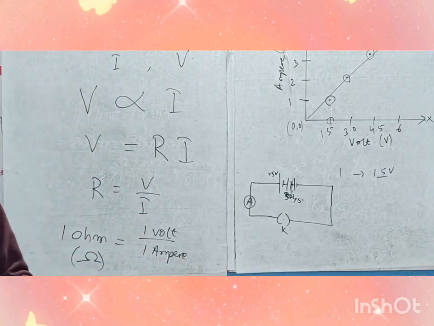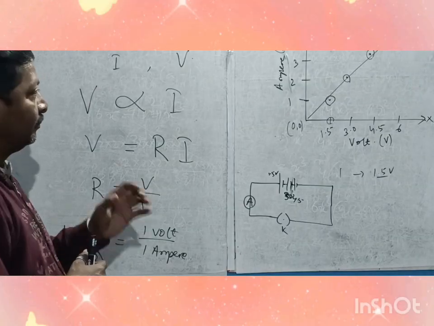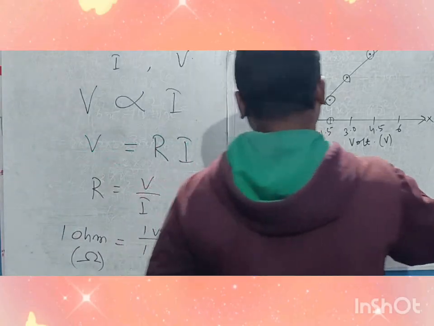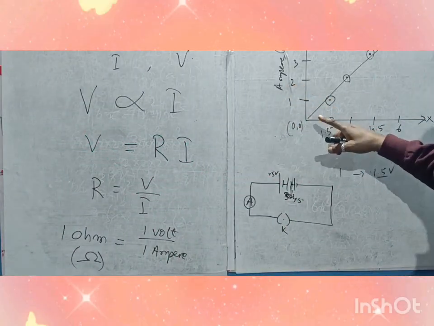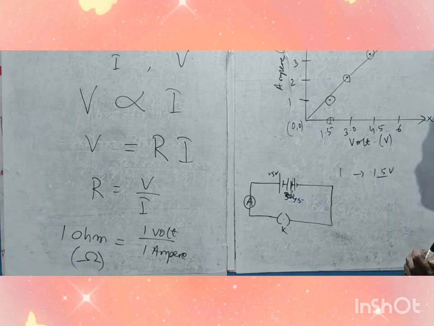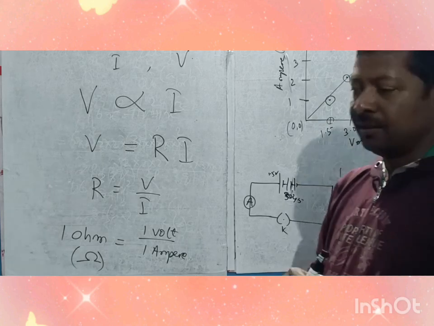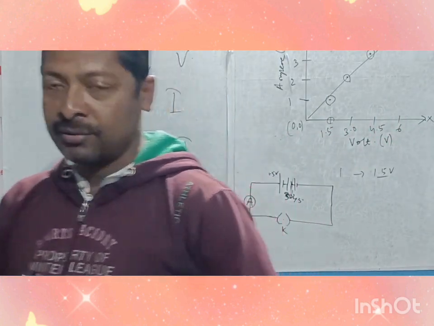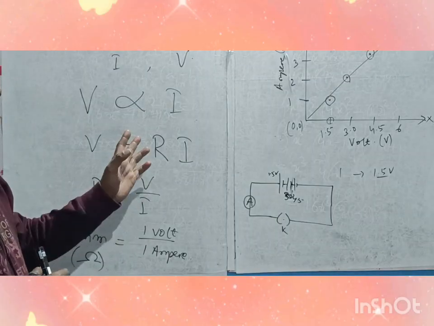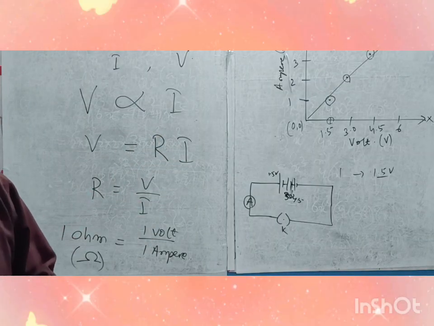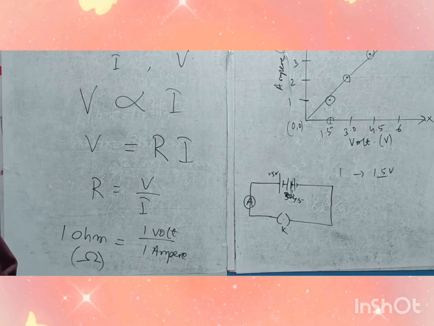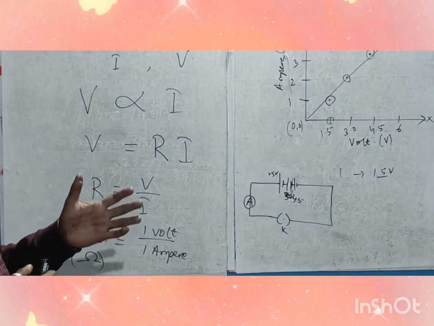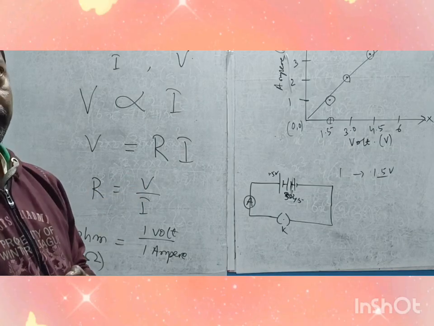But in some cases, the voltage and ampere graph will not be a straight line. In that case, those will not obey the Ohm's law, and they are called non-ohmic conductors, like resistor, filament of bulb, like this. Okay, so those are non-ohmic conductors.